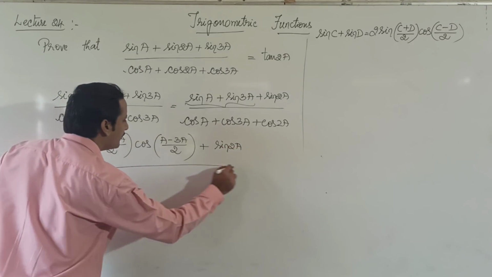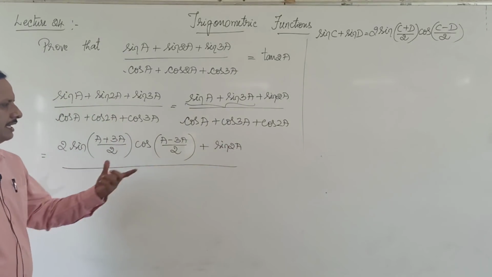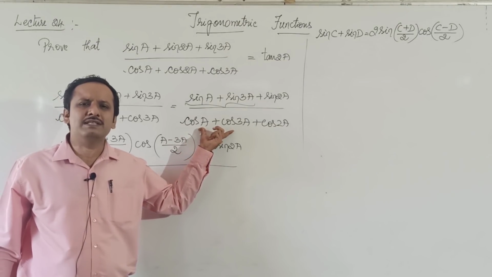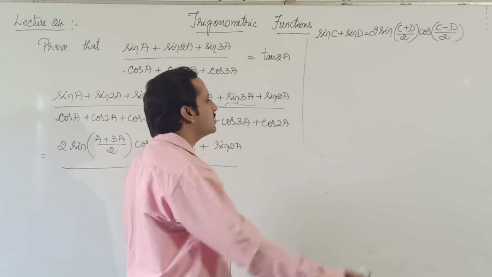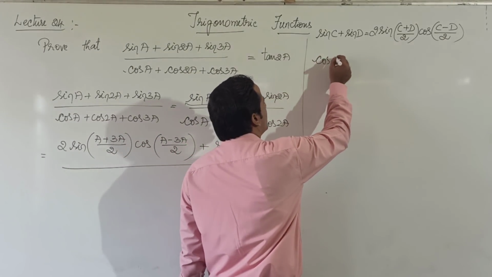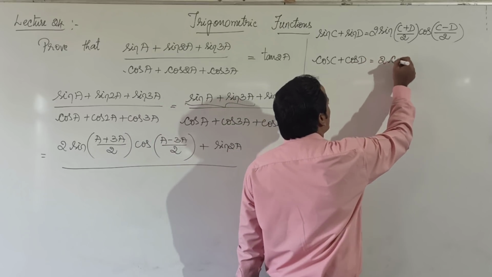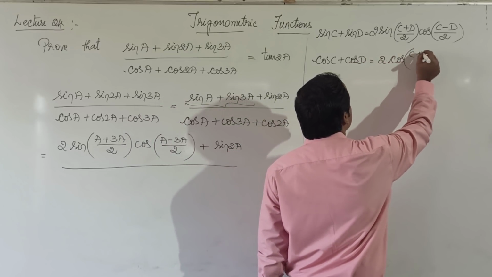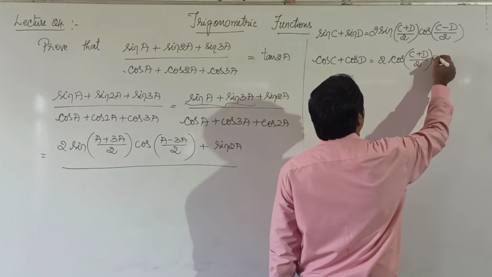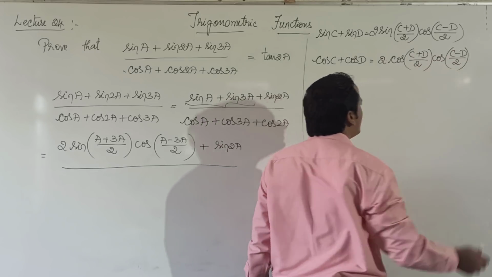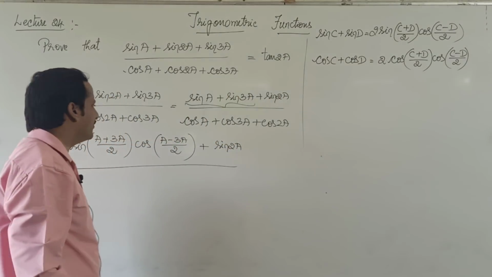In the denominator, between these two terms, I would like to use the cos C + cos D formula. What is cos C + cos D? Cos C + cos D is equal to 2 cos((C+D)/2) into cos((C-D)/2). This is the formula we have. Let me make use of that formula.